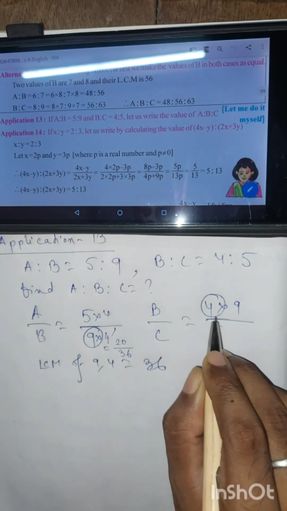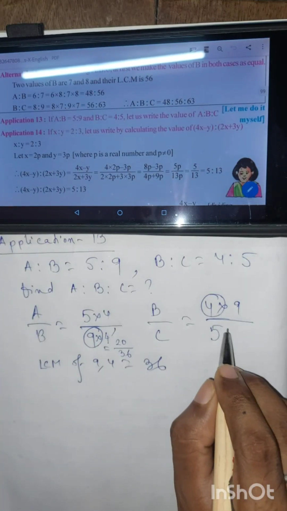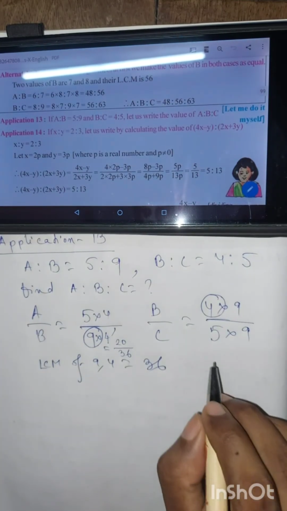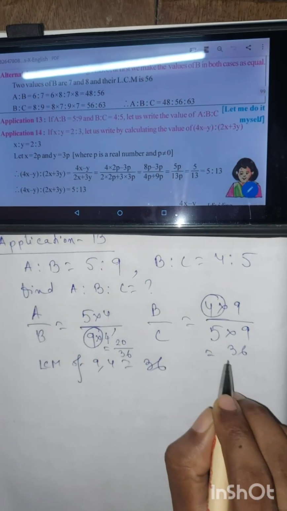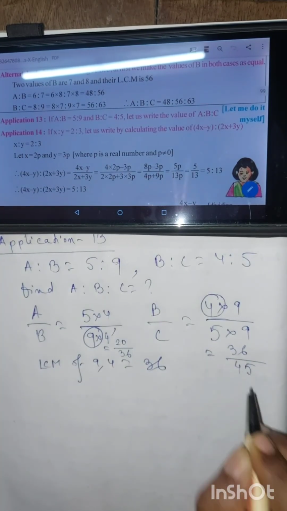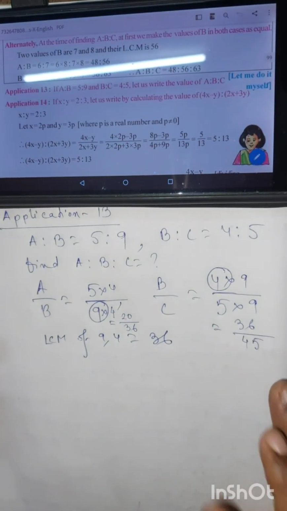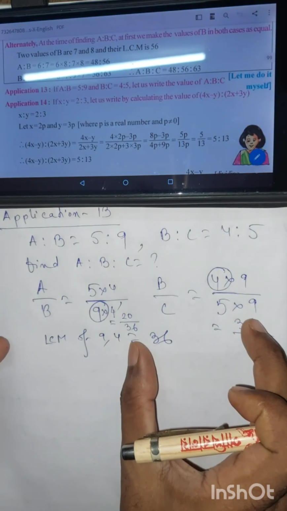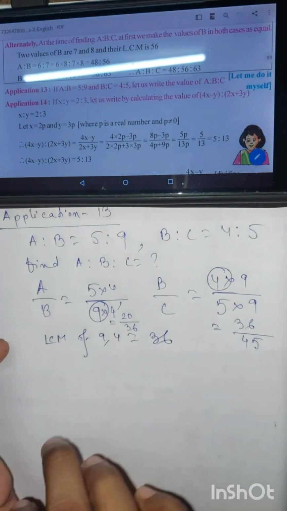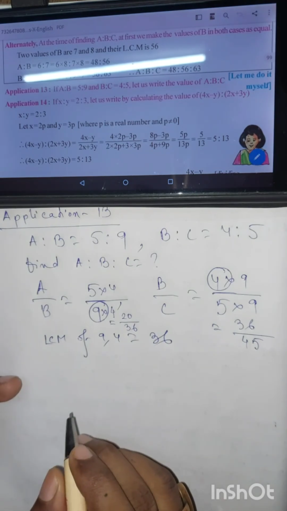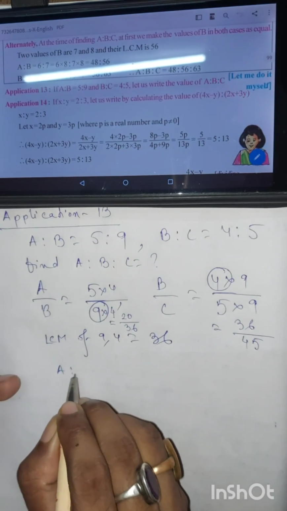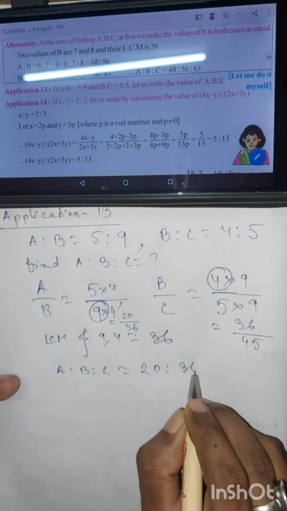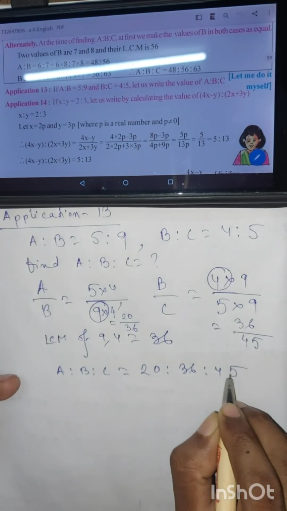So when we multiply the numerator by 9, the denominator should also get multiplied by 9. Okay. Now when the B is balanced, now we can write A is to B is to C equal to 20 is to 36 is to 45.